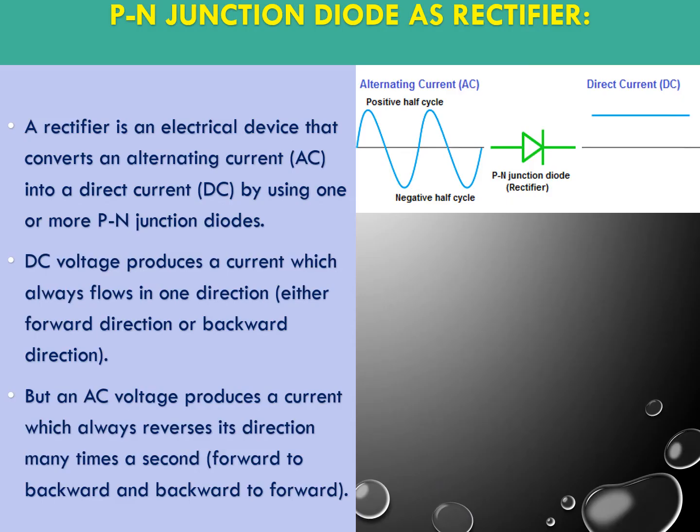Next, how does this p-n junction diode act as a rectifier? A rectifier is a semiconductor device which converts alternating current into direct current.